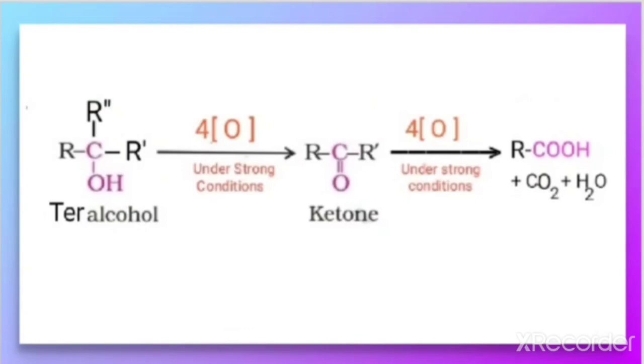So the tertiary alcohols under strong oxidizing agents, that is acidic oxidizing agents like acidic potassium dichromate or acidic KMnO4, potassium permanganate, give rise to a mixture of ketone and acid.